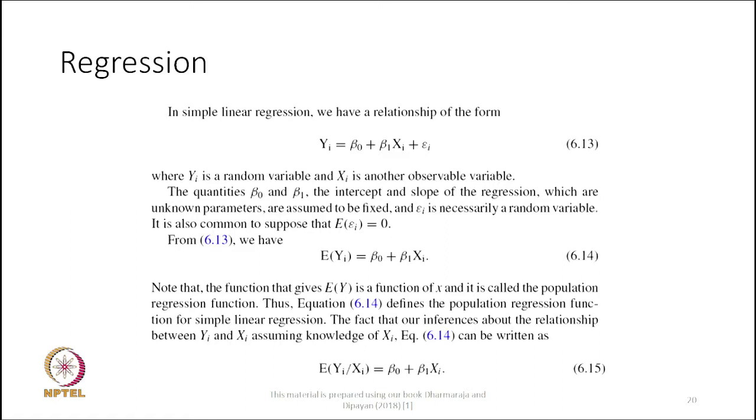After that we are going to test hypotheses regarding the parameters against some known value. We will discuss statements related to the unknown parameters beta naught and beta 1 later. And epsilon is the random variable. We always make the assumption that the expectation of the epsilon i's is 0.